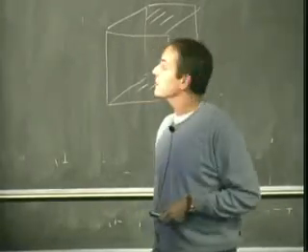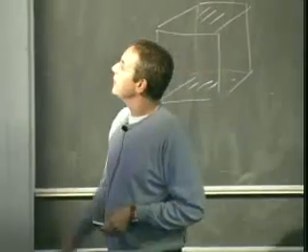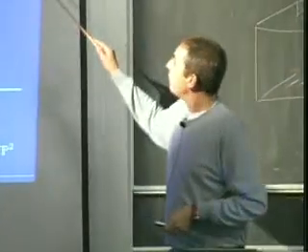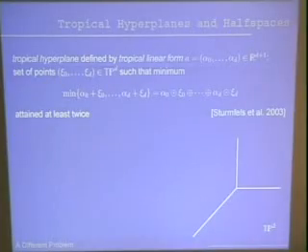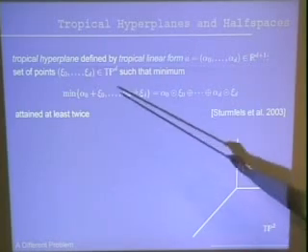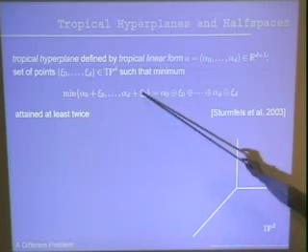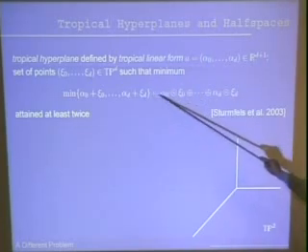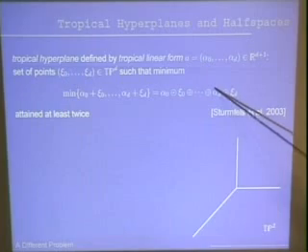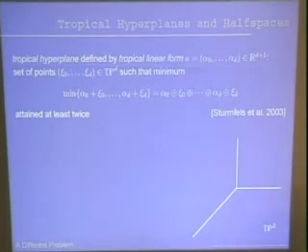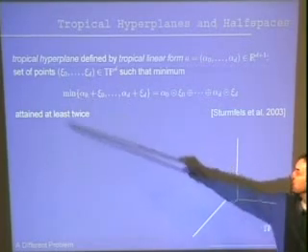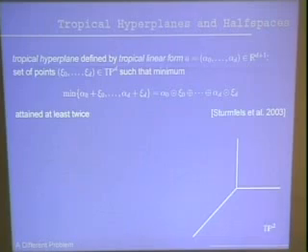So again, this is what you saw previously. If you have a tropical linear form in d plus 1 variables, then the set of points in the tropical d-space which have the property that the tropical scalar product vanishes, vanishing meaning this minimum is attained twice, and the reason why this is a useful definition you also saw in Mike's talk, then this is the definition of a tropical hyperplane.